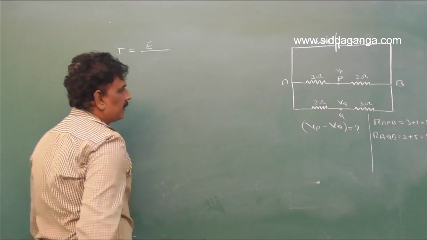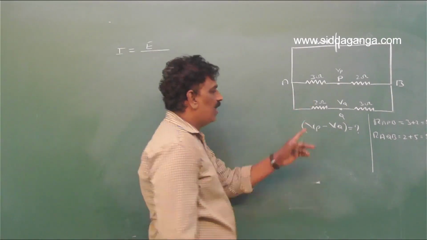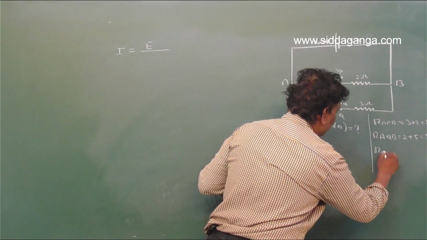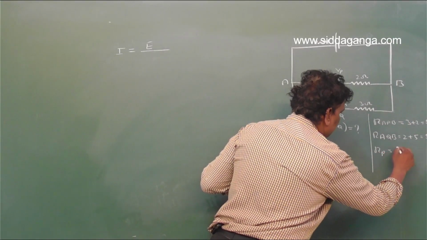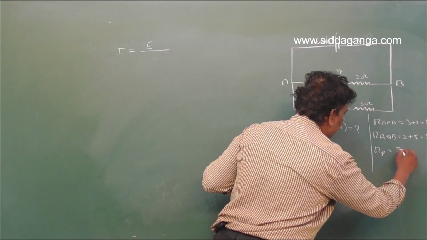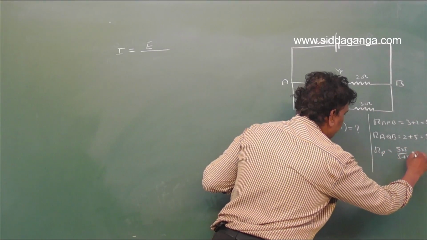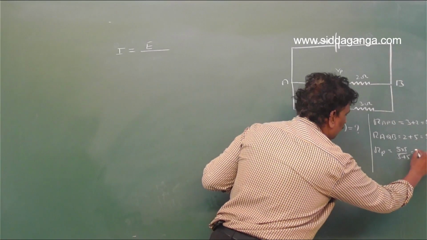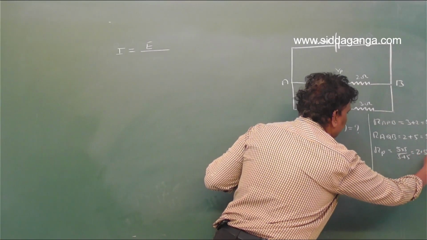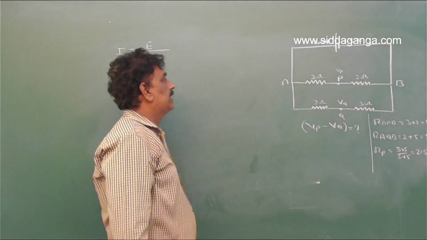These two are in parallel, so Rp is equal to 5 into 5 by 5 plus 5, that is 2.5 ohm, 25 by 10.